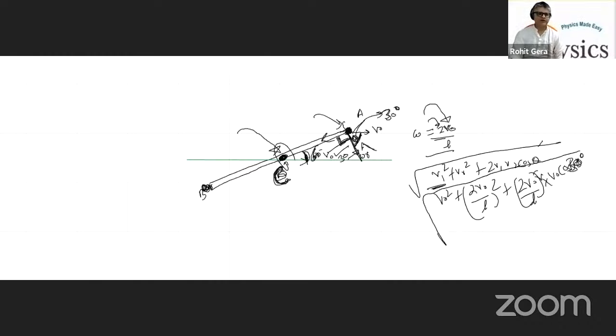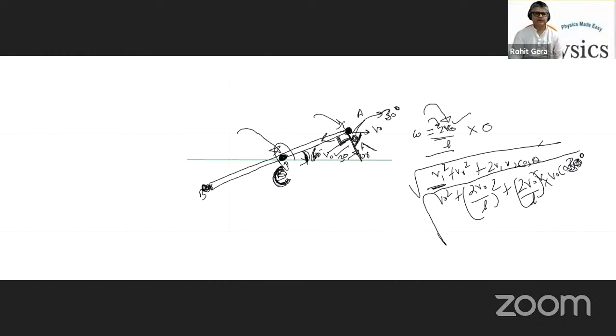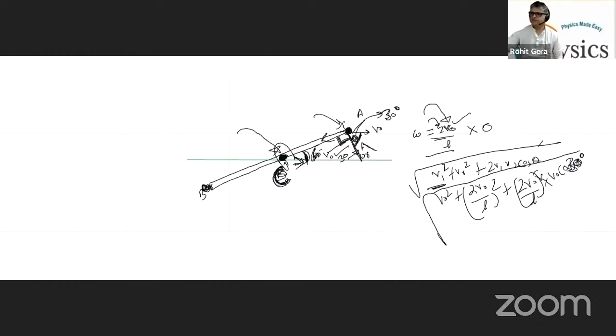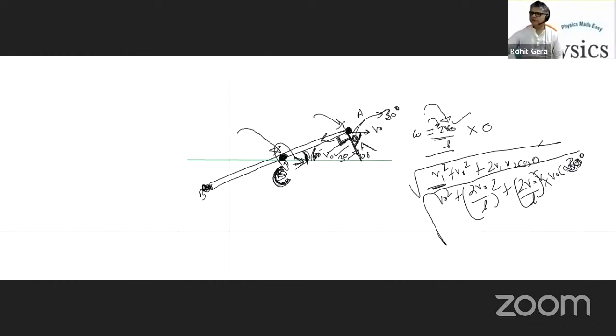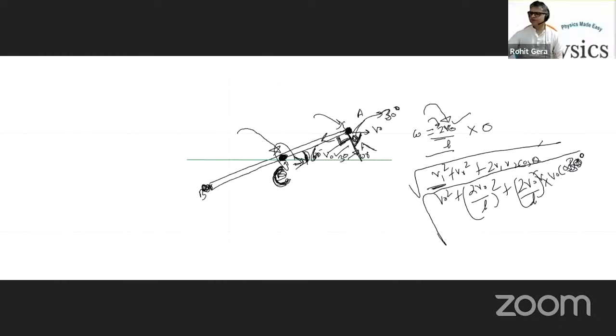If you have to find the resultant velocity of the center, how will you find it? Omega r will not be there. Omega will be there, but it has to be multiplied by 0. So this center only has a linear velocity, V naught. So on the same rigid body, you have different resultant velocities.